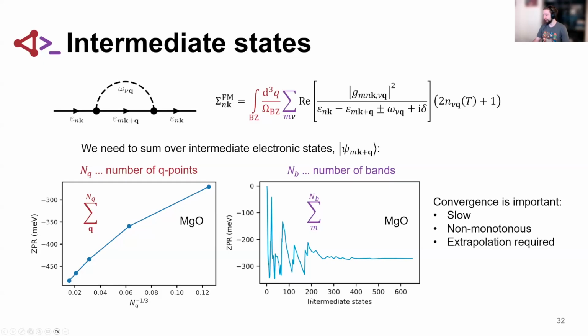And this here on the bottom of the axis is the number of intermediate states. So you see, you really need a lot of intermediate bands to converge these kinds of calculations. In this case, I would say that with 500 bands, you're well converged.